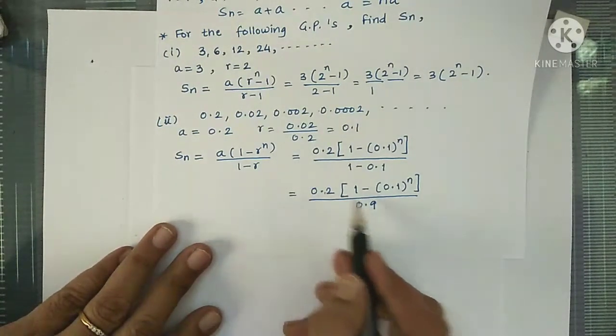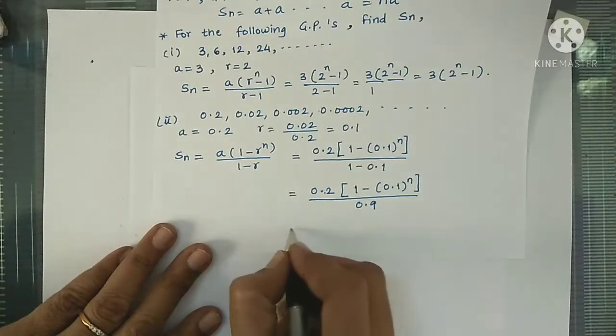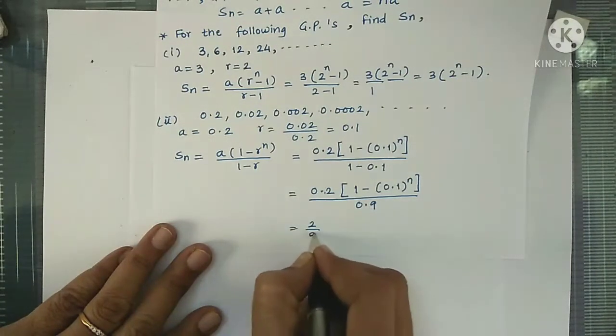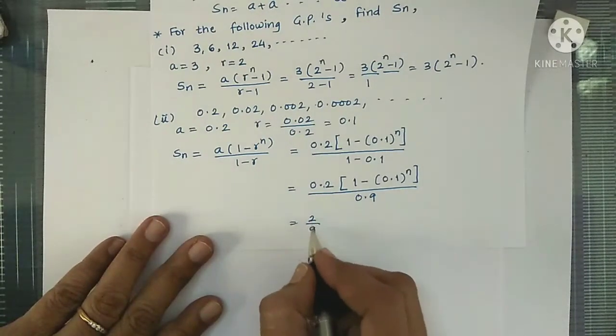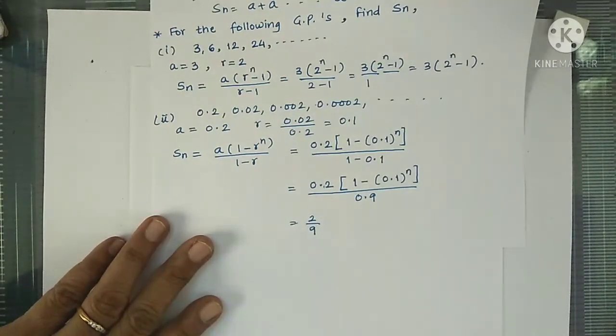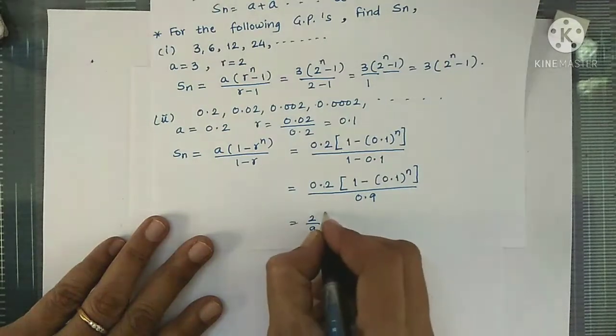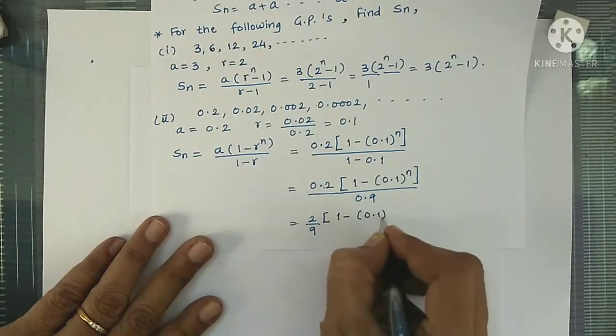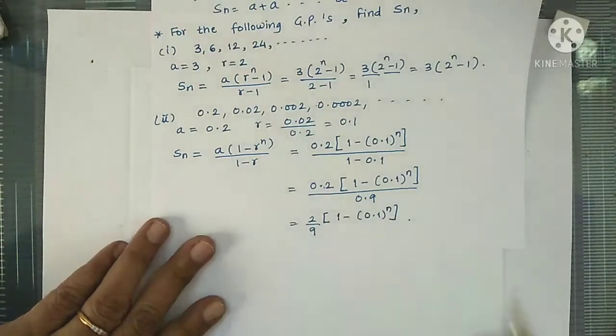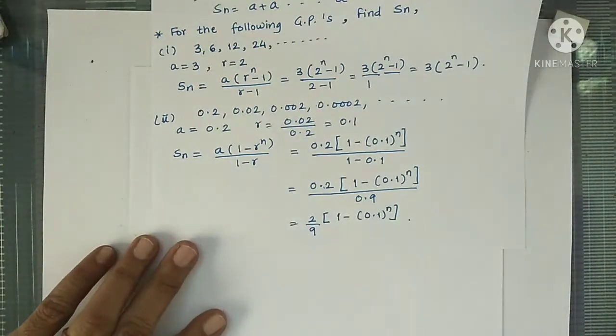So we can multiply the numerator and denominator by 10 so that we can remove the decimal point. So this becomes 2 by 9 and the bracket as it is, 1 minus 0.1 raised to n. So this is Sn for the given GP.